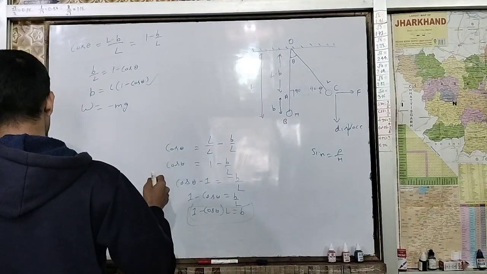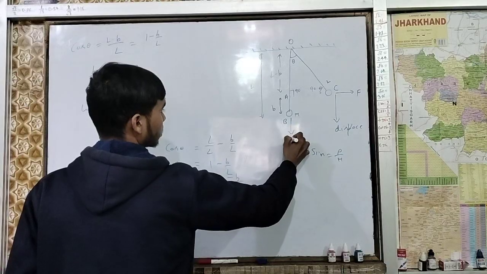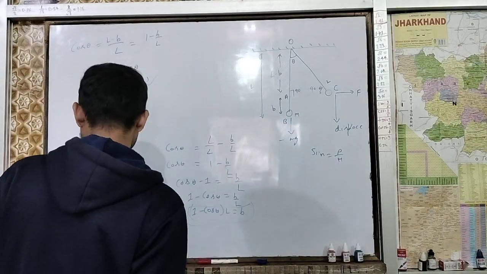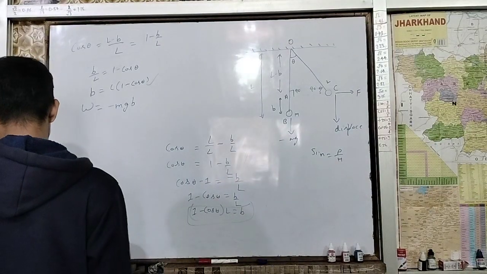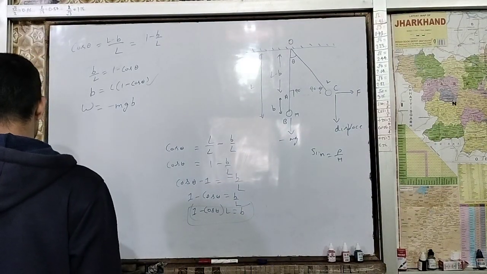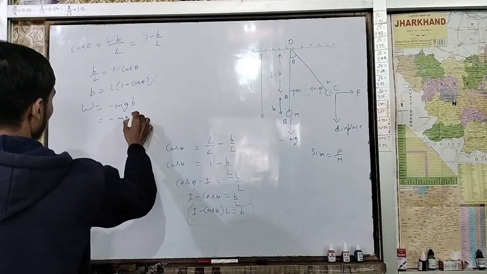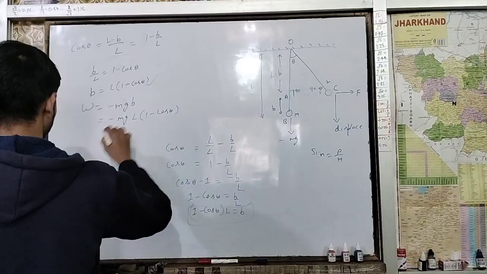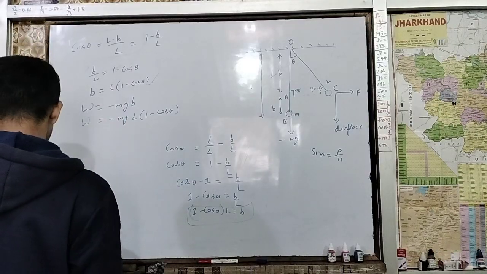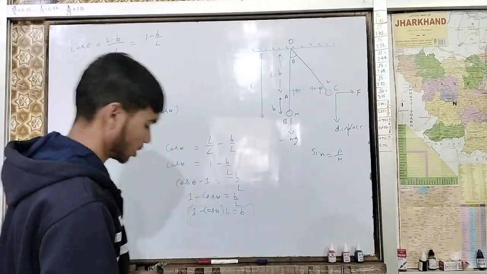So minus mg times B, where minus is for direction and B is the displacement. Clear? The value of B is L(1 minus cos theta). This is also our work.